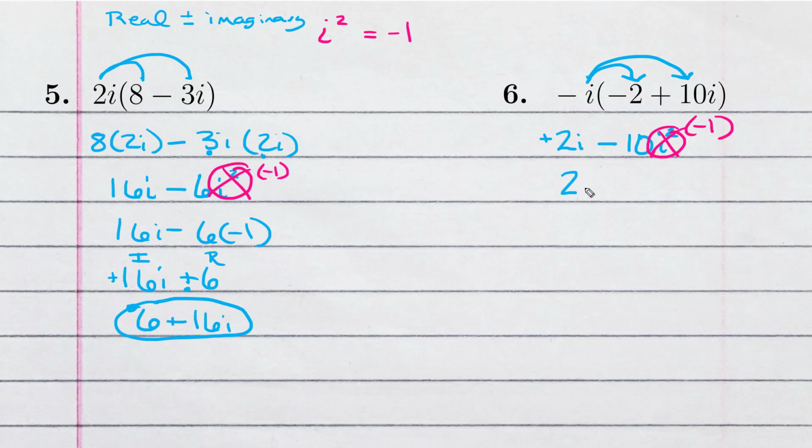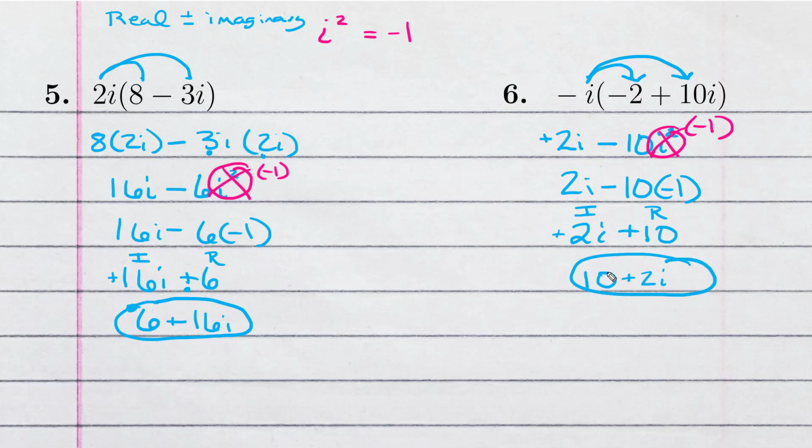So we have 2i minus 10 times -1. And you may not need to show all these steps. I'm showing it to you so you can see where all the things are coming from. When you multiply -10 times -1 it becomes a +10. But this isn't in the right order. We need to move our real first and our imaginary second. So our real is +10, our imaginary is positive 2i.